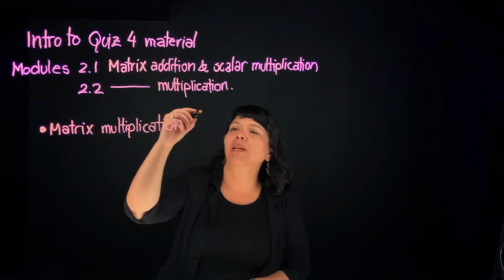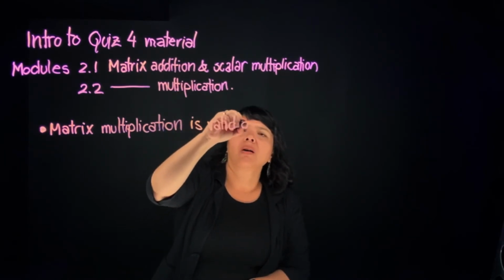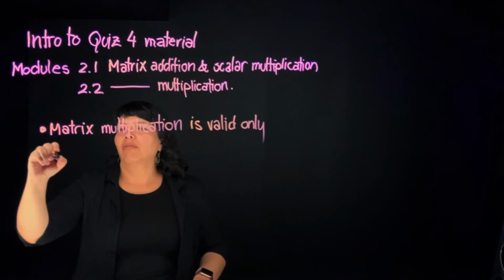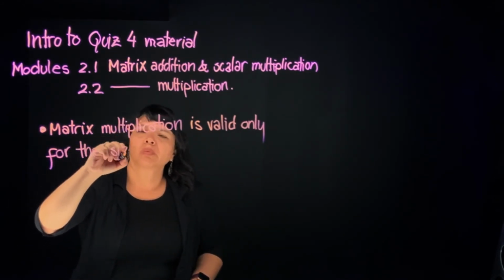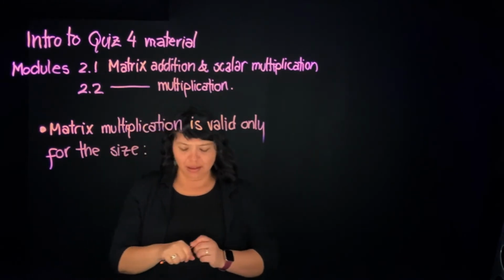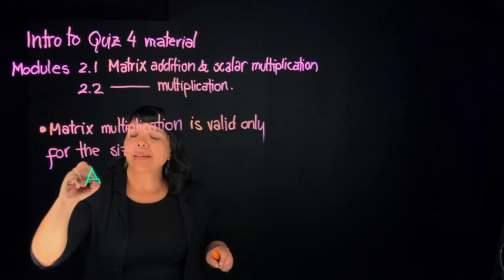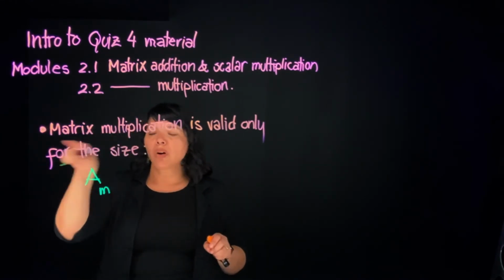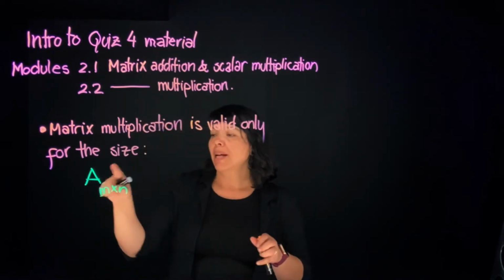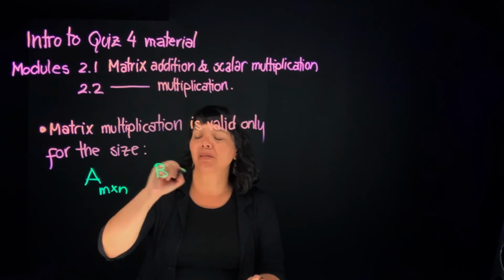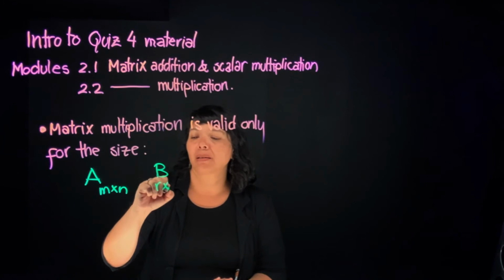So this is going to be valid only for the situation where the sizes of the matrices are like this. Say I want to multiply the matrix A that has m rows and n columns, so it's an m by n matrix, times a B matrix, which in general is stated as an r by s.